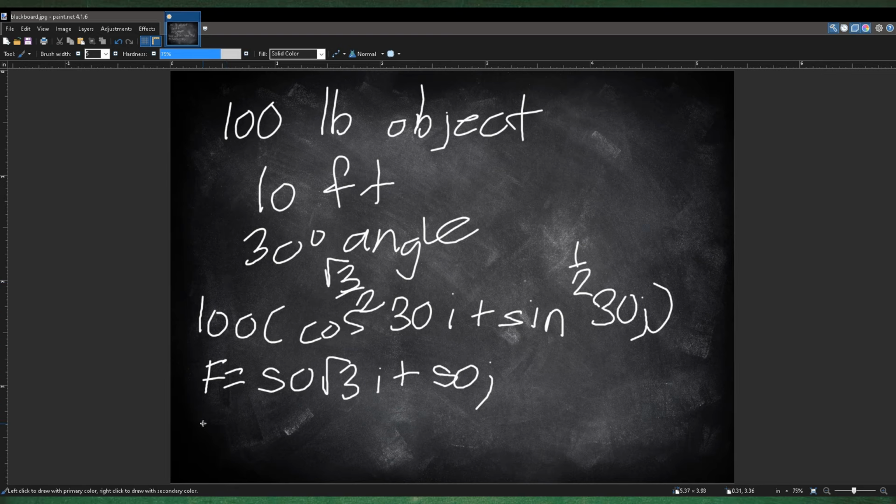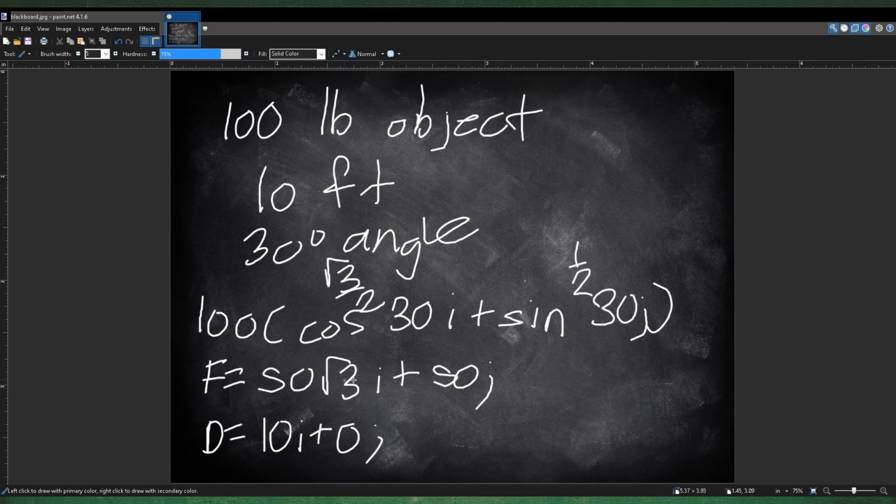I mean, it's the force vector dotted with the distance vector. The distance is 10, and since you're moving in the horizontal direction, it's 10i plus 0j because there's nothing there. So you multiply them together.